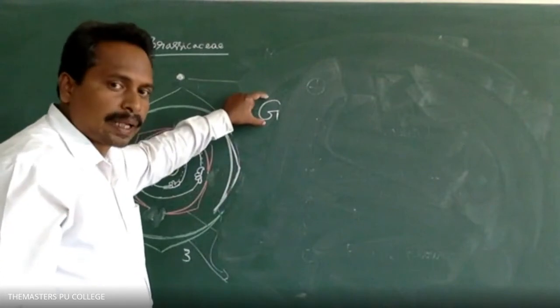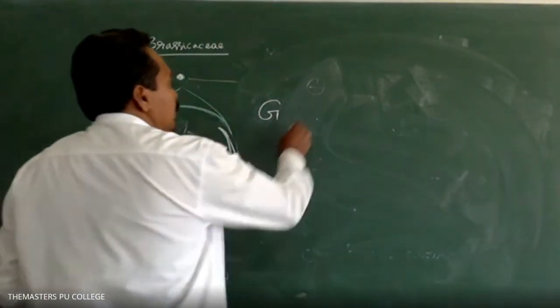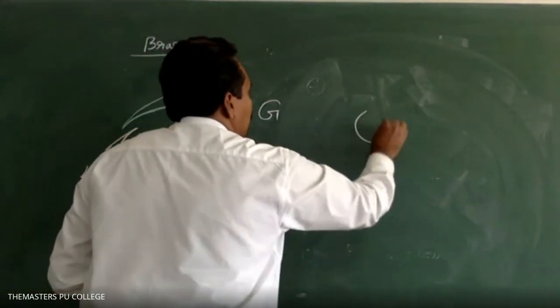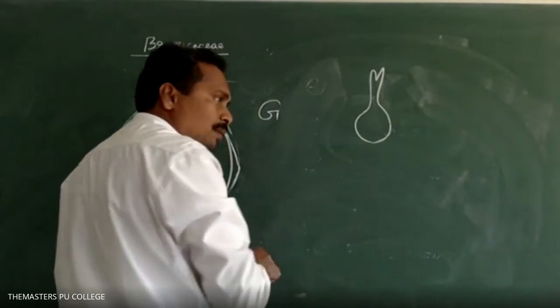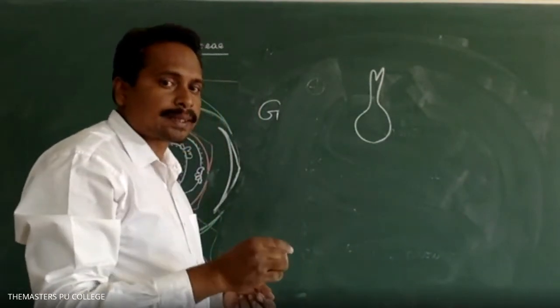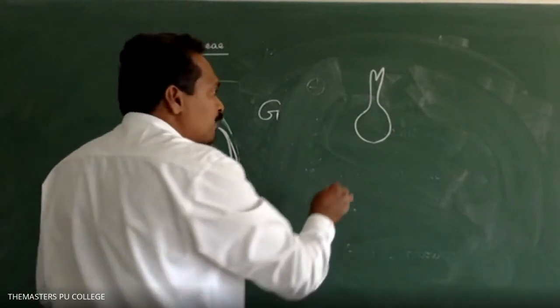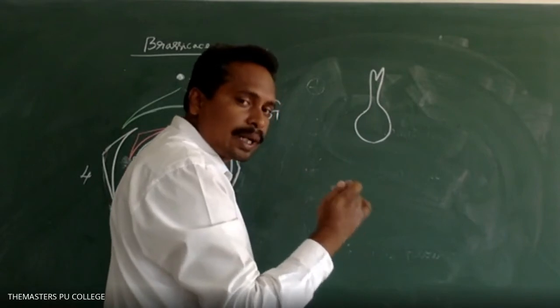G, superior. The gynaecium is denoted as the G. In hypogynous flowers, the stamens, petals, and sepals are arranged from which part? Is it below the ovary, below the gynaecium?